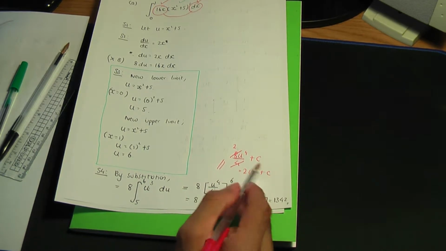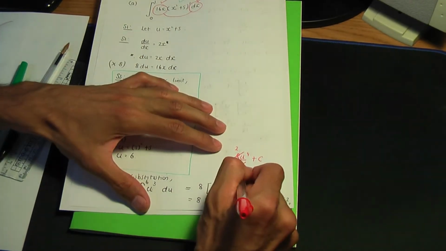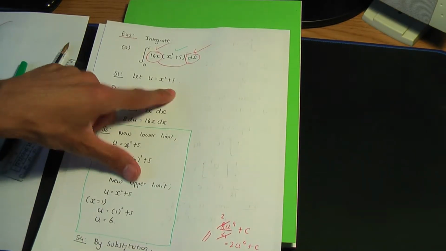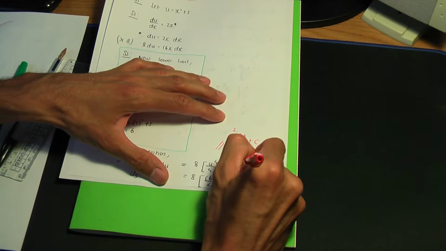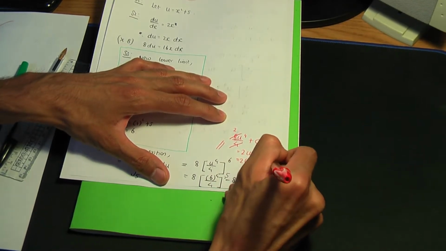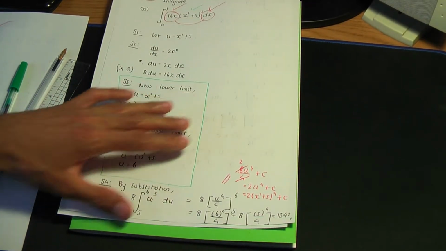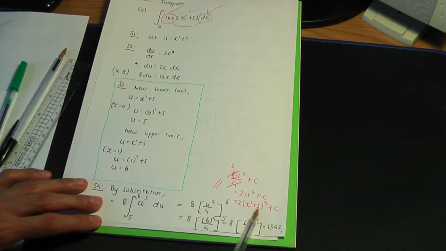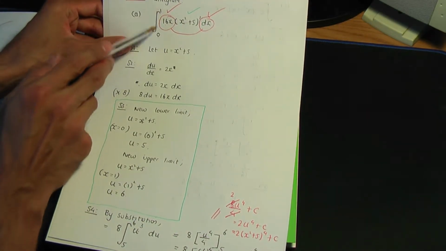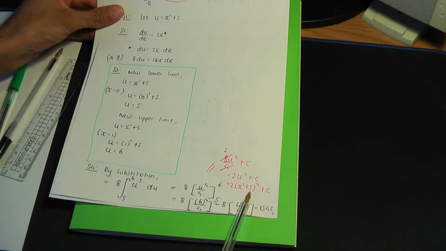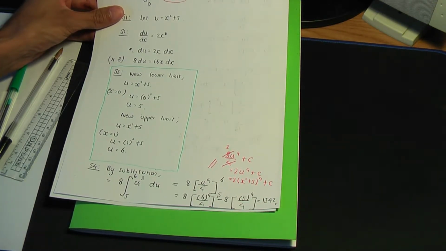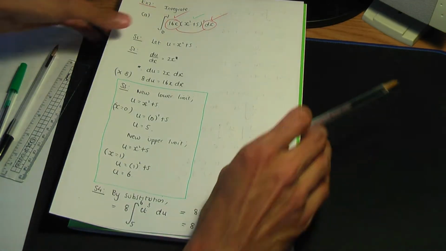Then you can write this answer in terms of x. If you replace the u by x squared plus 5, you're going to have 2 into (x squared plus 5) to the 4, plus c. If you use your original limits for x, 1 and 0, and apply them to this result, you're going to get 1342 as well. So the result should match.